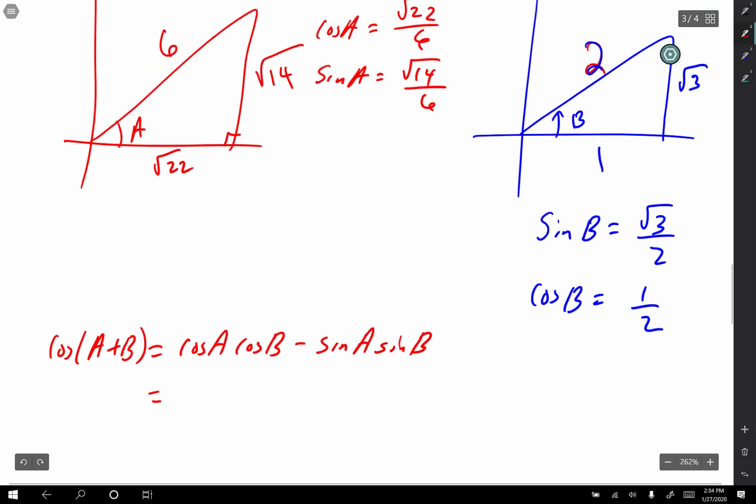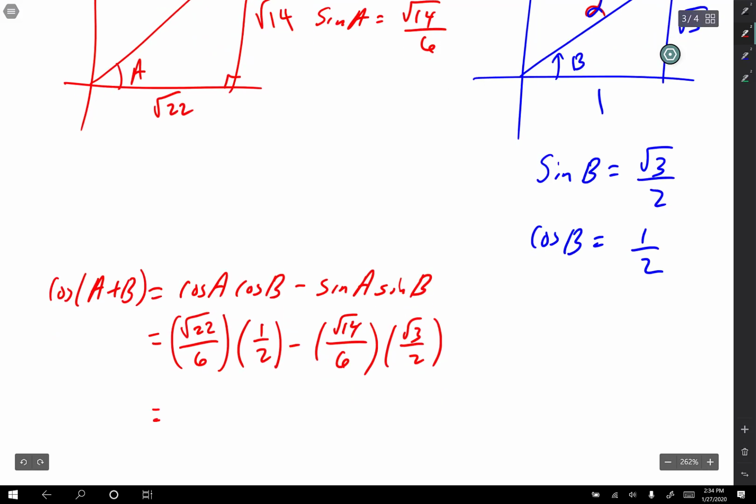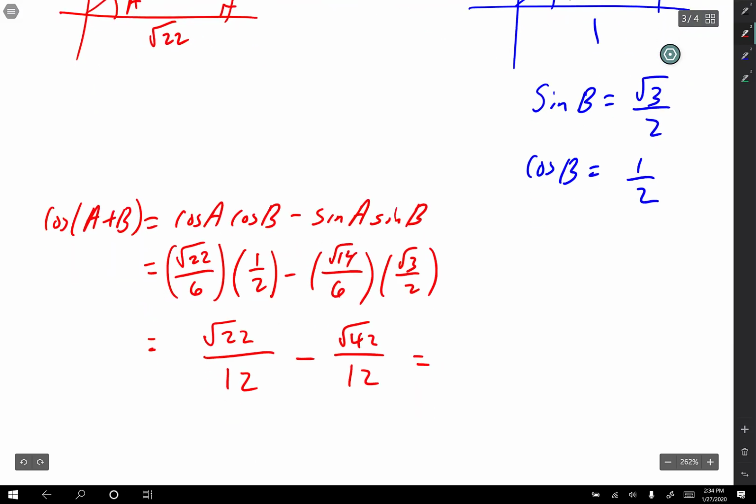Cosine A was square root of 22 over 6 times cosine B was 1/2, minus sine A was square root of 14 over 6 and sine B is square root of 3 over 2. So when I multiply that, you get square root of 22 over 12 minus square root of 42 over 12. I don't see anything factoring out, so leave it alone.